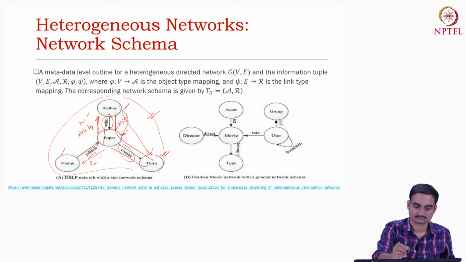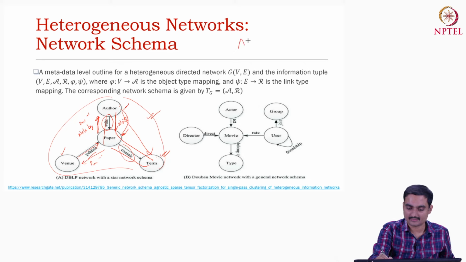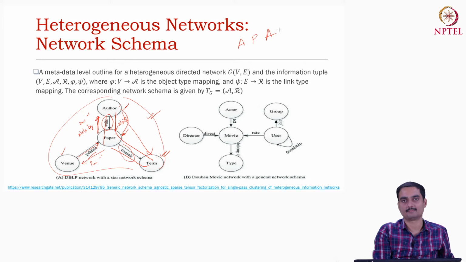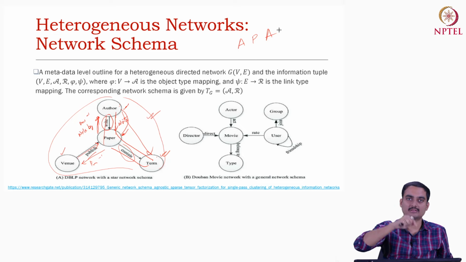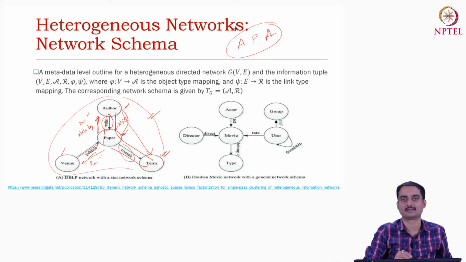So when I say I am interested in an APA kind of metapath, it means that in the original heterogeneous graph, I am interested in all such paths which connect two authors through a paper node. In the original graph, you have author 1 and author 2 connected through paper 1, and author 7 and author 8 connected through paper 5. So I am referring to all those paths which follow this metapath APA.